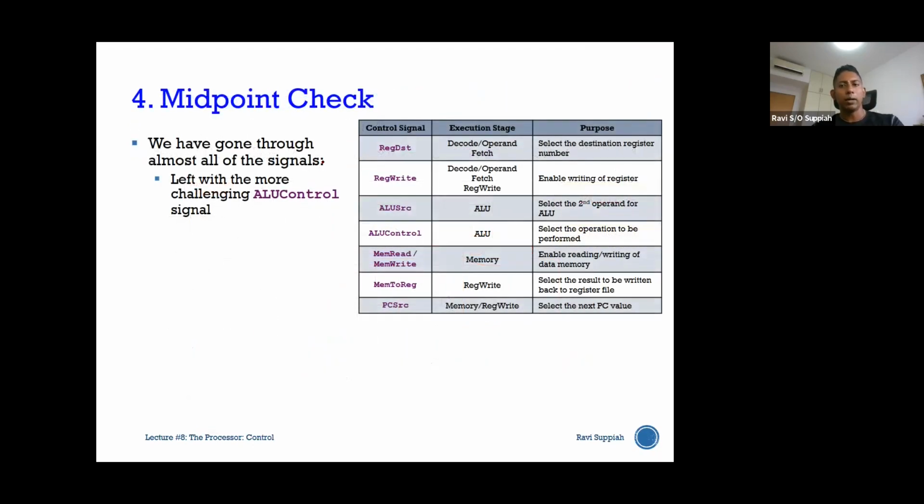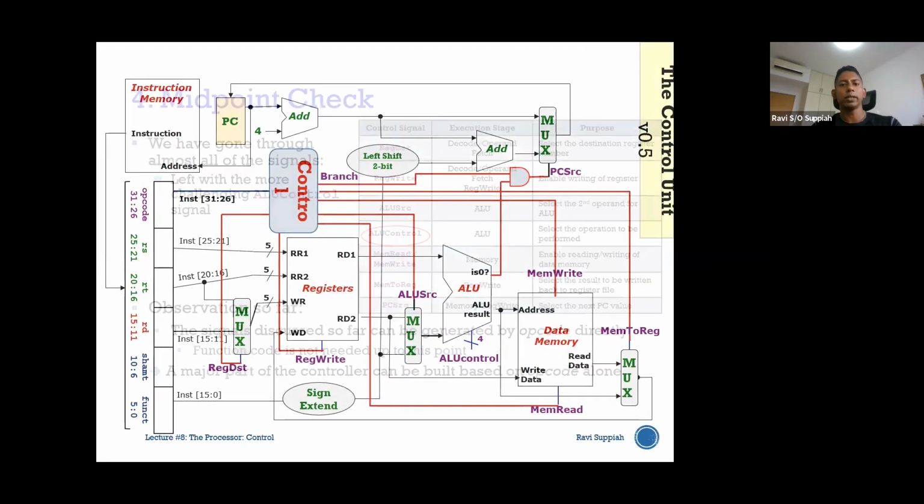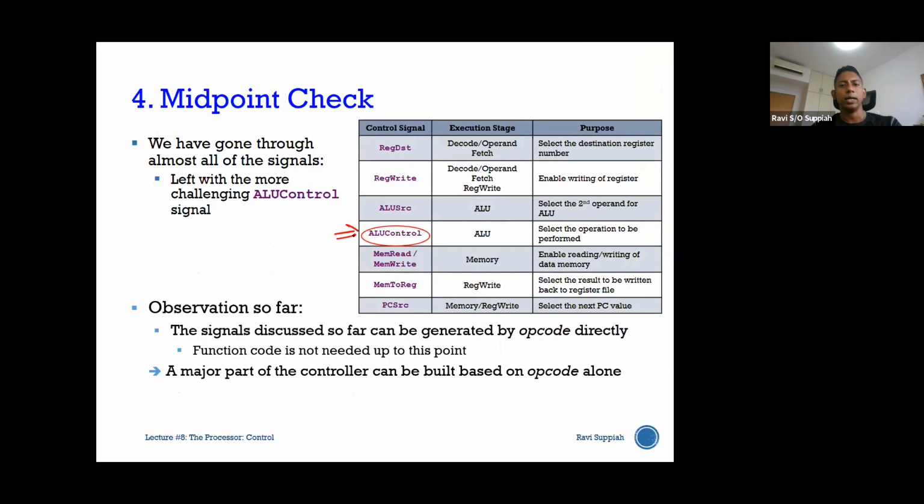So these are the basic things of the control signals that we need to look at, and we have reviewed all of this. The thing that we are not going to go into detail is the ALU control. We're not going to go into how it is generated.